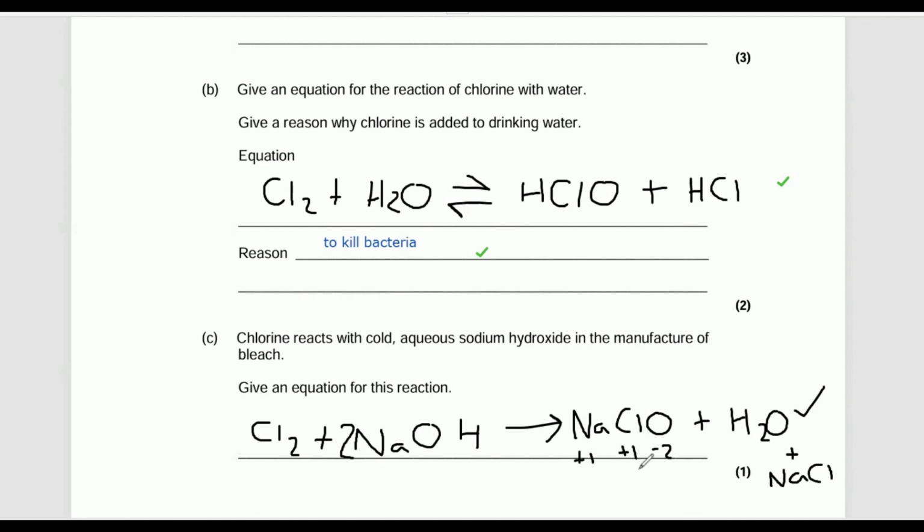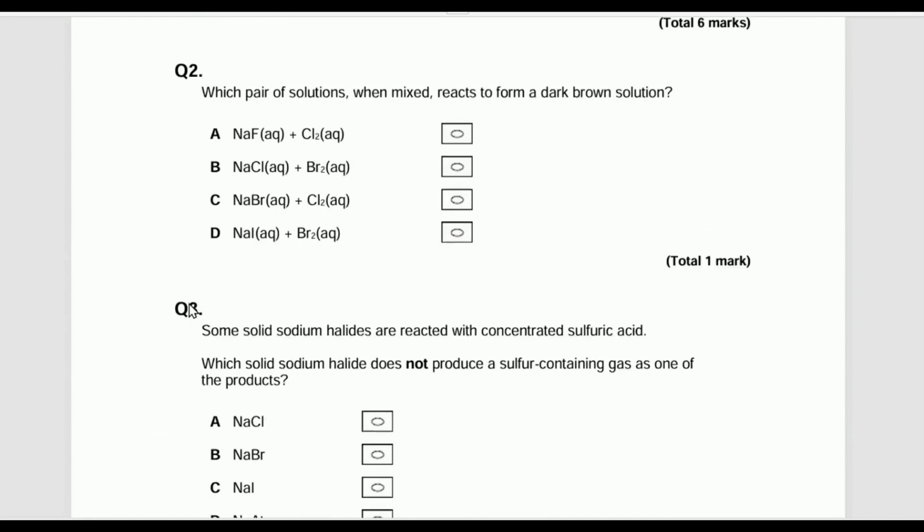So this is like a sodium chlorate with a 1 in the Roman numerals for the chlorine for its oxidation state, but you can get sodium chlorate where it has a +5 charge, and that would be if we were using hot sodium hydroxide, which we're not. But here we go. Just in case you ever wanted to know that.